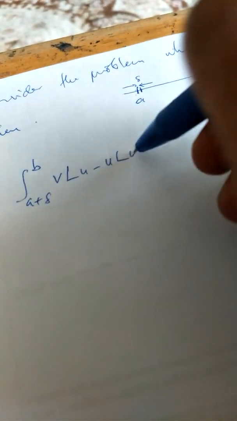Now if we do this, then from the self-adjoint condition that we have, instead of a, we have the integral from a plus delta to b of (v L u minus u L v) dx.